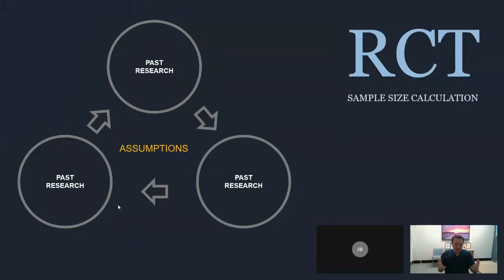When we are reading the methods, the first thing we have to look at is what the assumptions of this research group were when they calculated the sample size of the randomized controlled trial they conducted. So assumptions are very important. Then you should ask, is it going to be my assumption? Do I actually believe that this assumption is correct in my clinical practice?